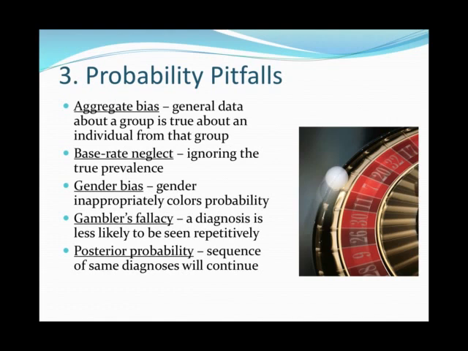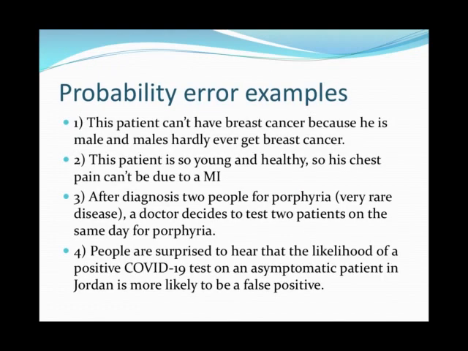It is so low that the false positive rate of the test is actually higher than the likelihood of a true positive, especially in an asymptomatic patient. An asymptomatic patient in Jordan has a very low likelihood of having a positive COVID-19 test.